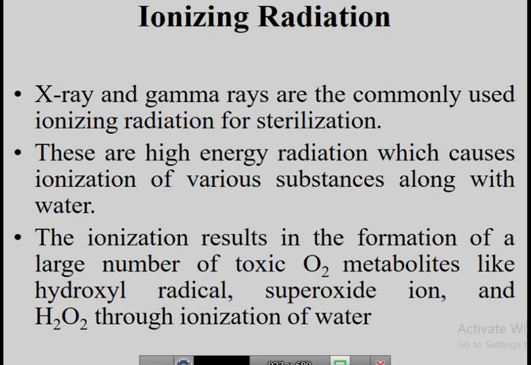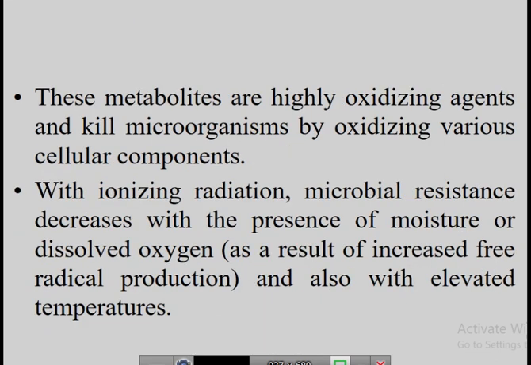These are the ultimate effects of ionizing radiations. With ionizing radiations, the effect decreases with the presence of moisture or dissolved oxygen. Even temperature affects the effect of ionizing radiations. Both ionizing as well as non-ionizing radiations can be harmful to human beings also, because they have a similar effect on human cells or any eukaryotic cell.